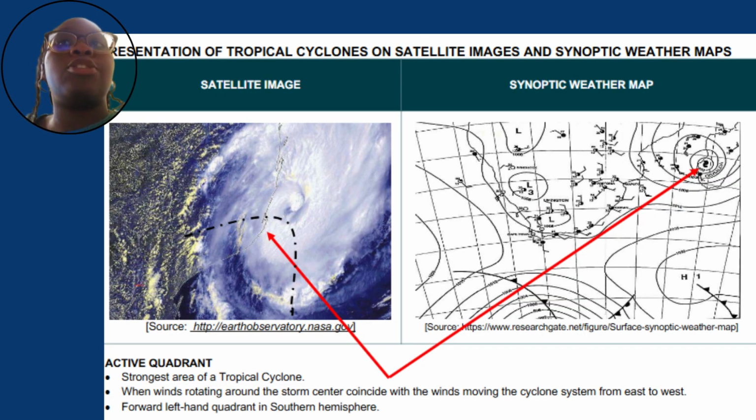The active quadrant is the strongest area of a tropical cyclone, and when the winds rotate around the storm center, it coincides with the winds moving the cyclone system from east to west, right? And then the forward left-hand quadrant is more active in the southern hemisphere.